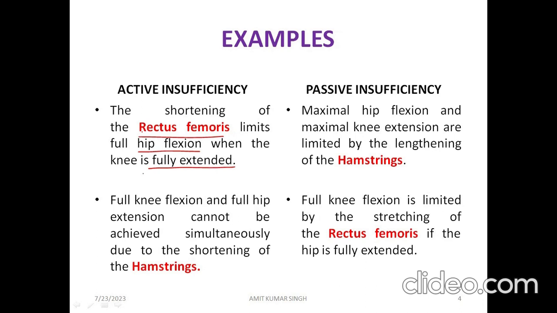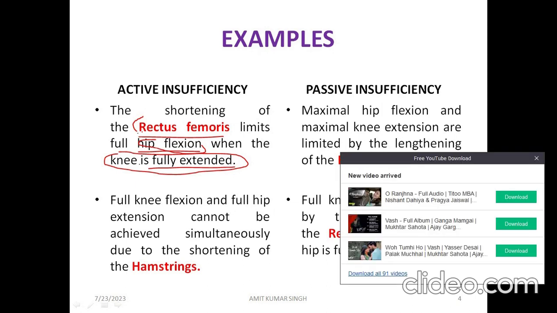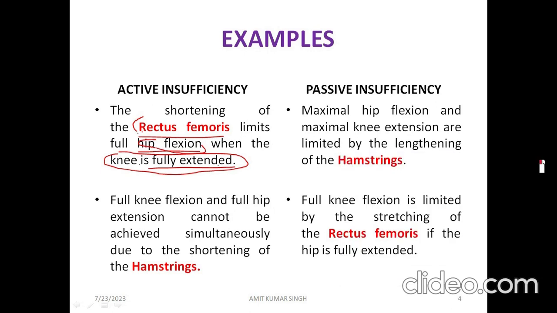Now, once the subject has done complete knee extension, and you ask the same subject to do hip flexion also, it's not going to be possible, because they have already used the function of rectus femoris on the knee, so they cannot utilize the further action of rectus femoris on hip flexion. That is known as active insufficiency.